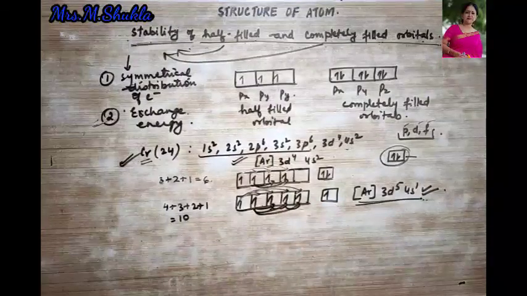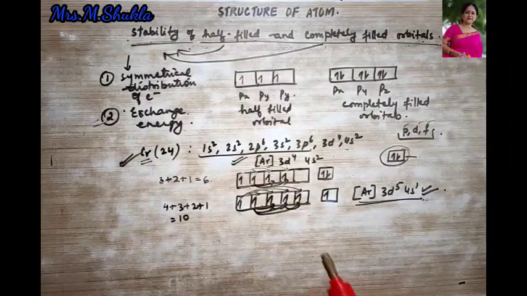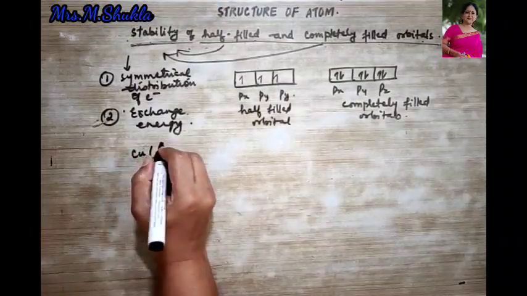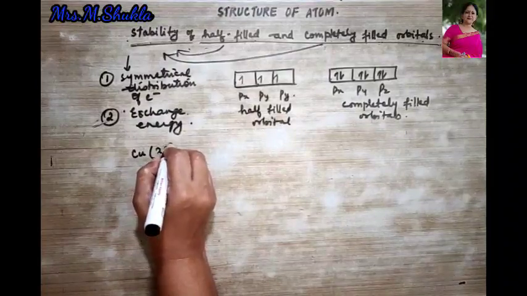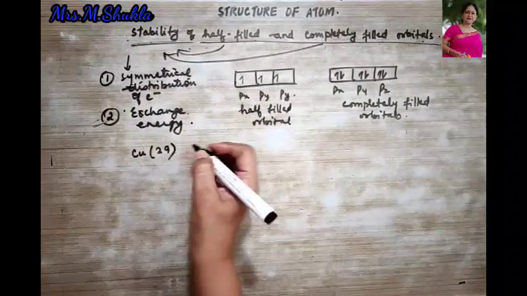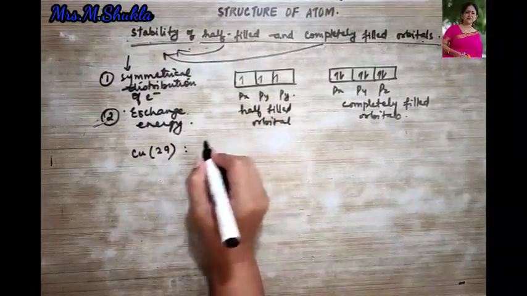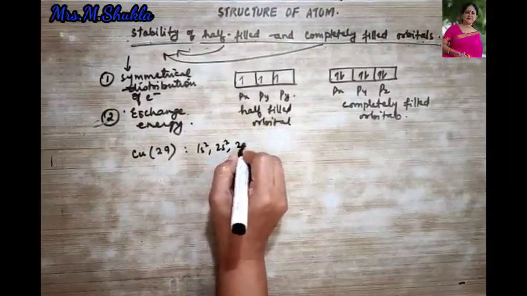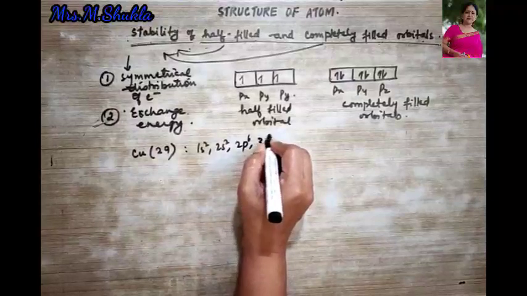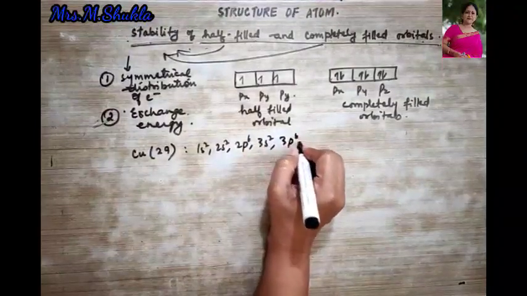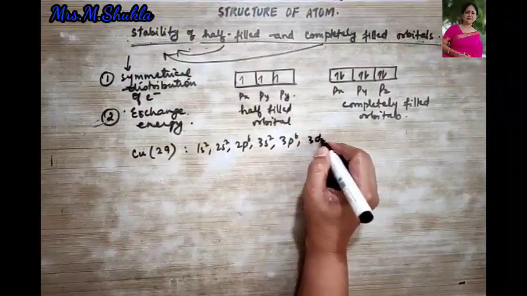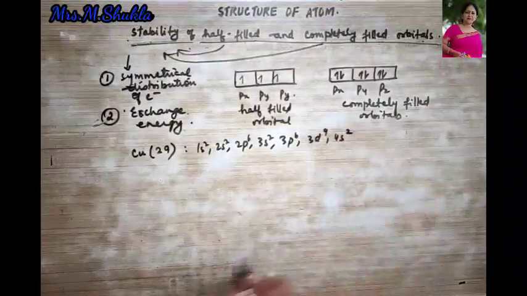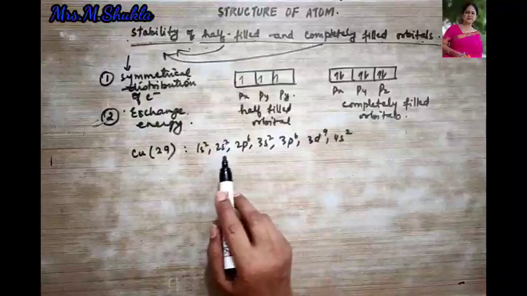Lastly, I come to another example, copper. Now, copper atomic number is 29. Okay, so I write down the configuration. Let's write 29. 1s2, 2s2, 2p6, 3s2, 3p6, 3d9, 4s2. Okay, so let's check.